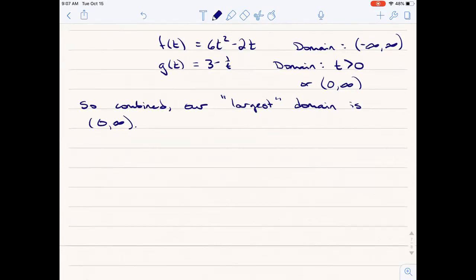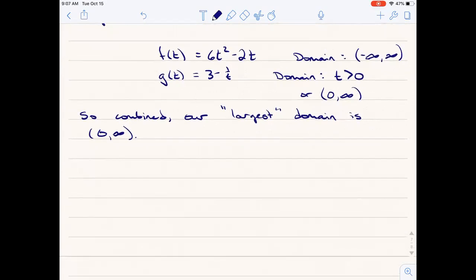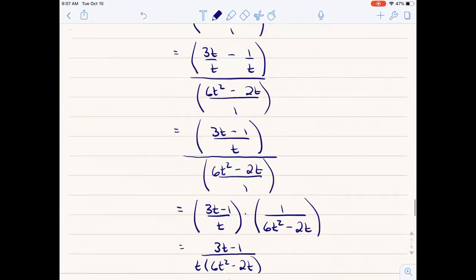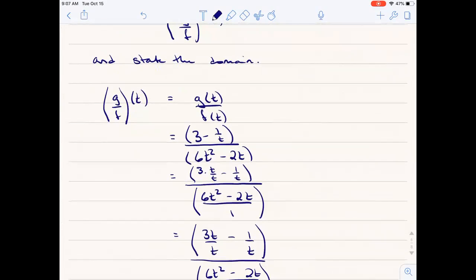So combined, our largest domain that we could have is from 0 to infinity, right? But also, our function was, oh, where is it? g over f of t. So another condition is that f of t can't be 0.